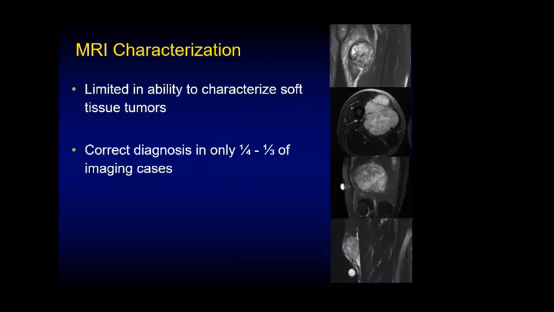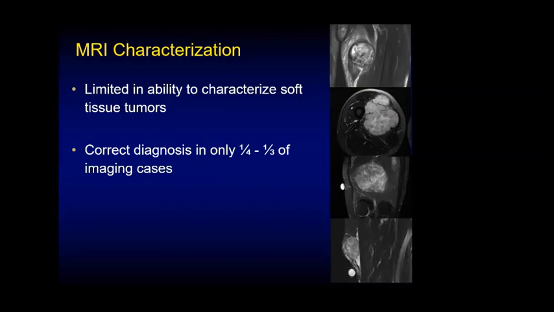And also, can the MRI technique tell which type of soft tissue sarcoma it is? The answer is really difficult here, because MRI does not have a great advantage for characterization of the tumors.